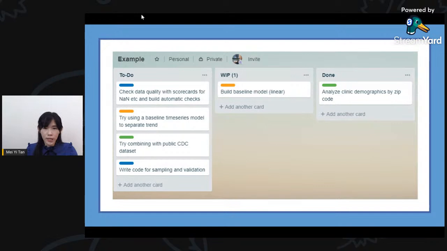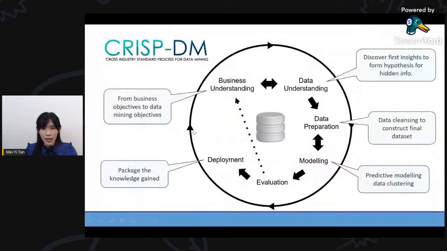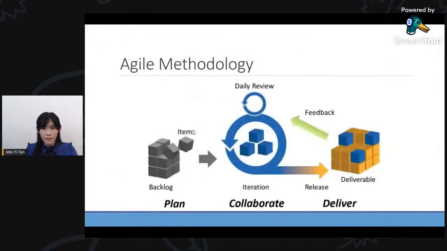So what we do is, for the sprint planning, you noticed from the previous charts that we talk about plan, collaborate, and deliver, right? In this stage, we go through the items once our sprint is complete.